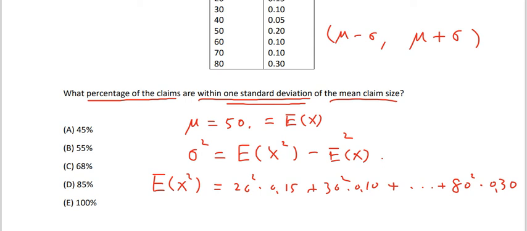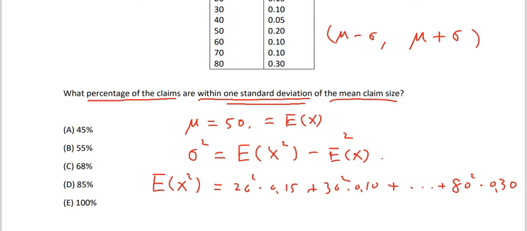Okay, so we can put these numbers into a calculator. You should have a good calculator. Yeah, you need a calculator to do those things. So you can find sigma.